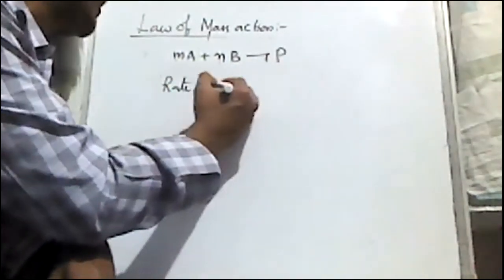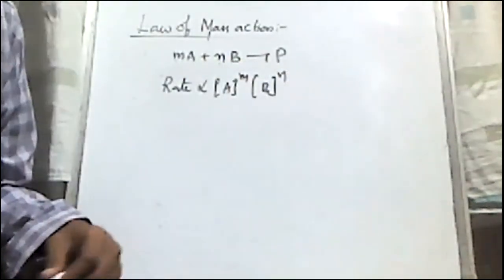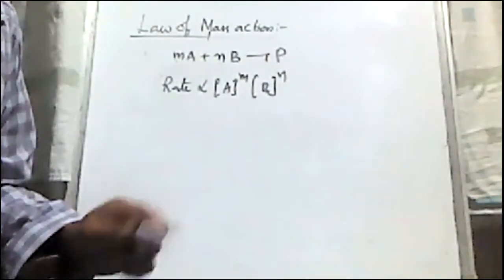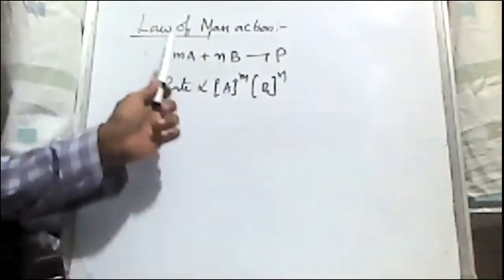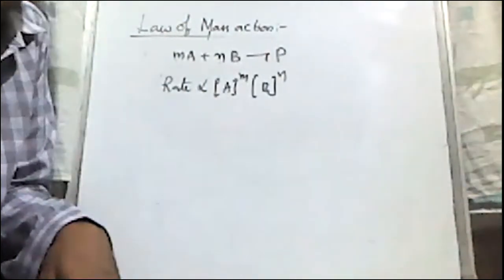That is, rate is proportional to A power m into B power n.